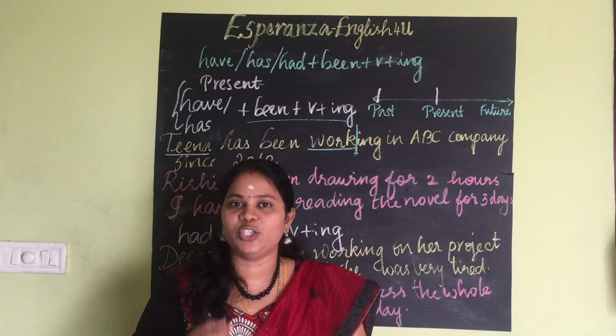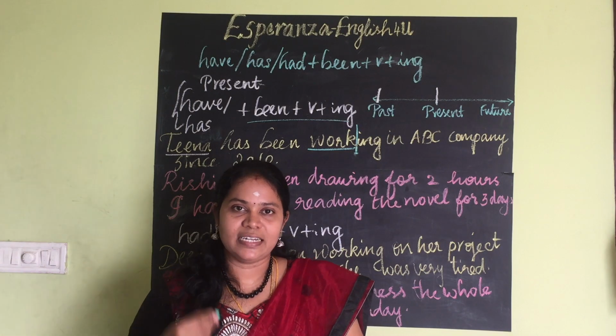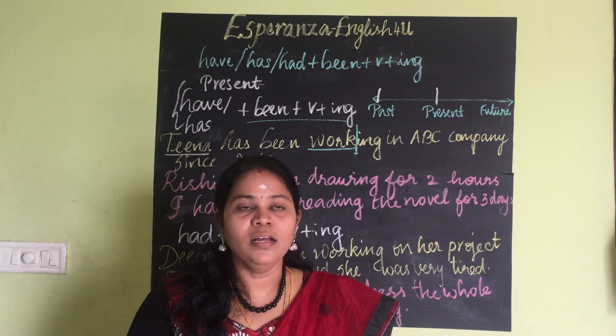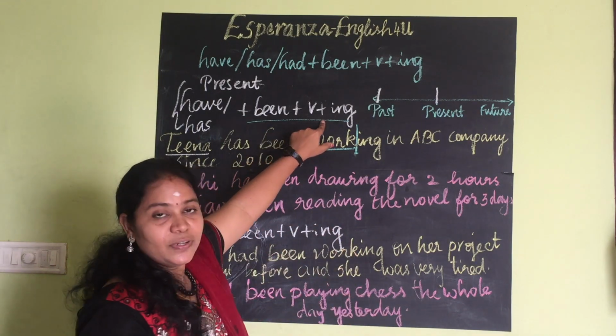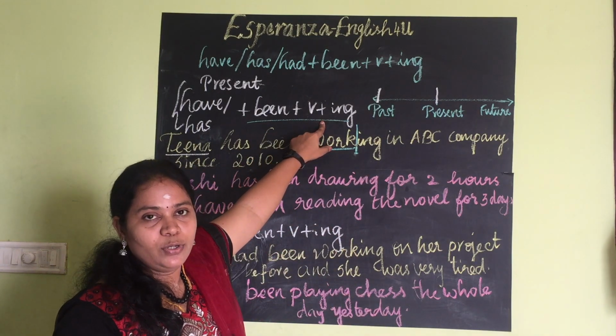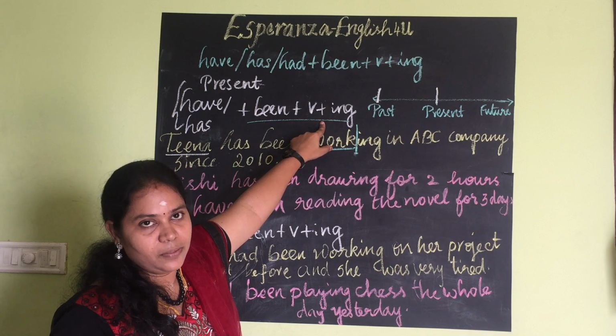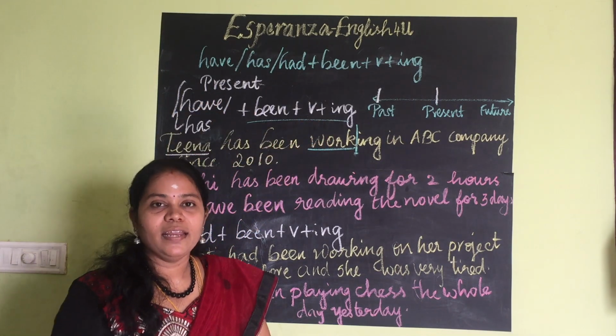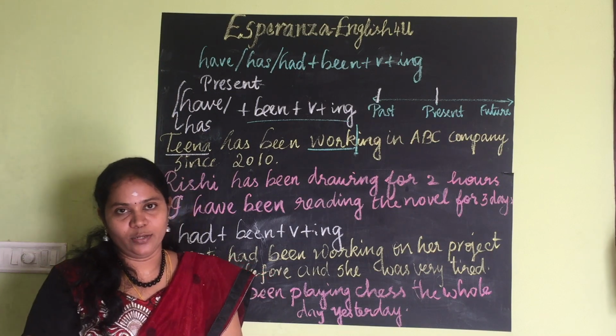For example, teaching: teach plus ing, teaching. Work plus ing, working. Clear? So, verb plus ing. If it is continuous, we have to use verb plus ing. Where can we use present perfect continuous?